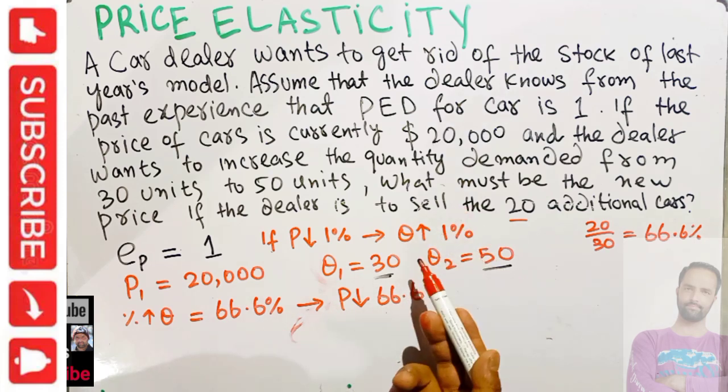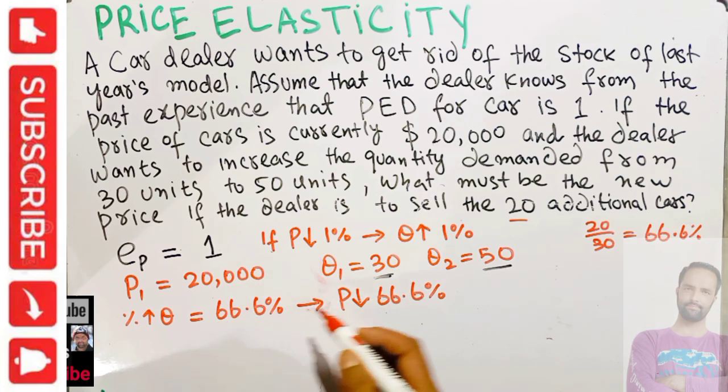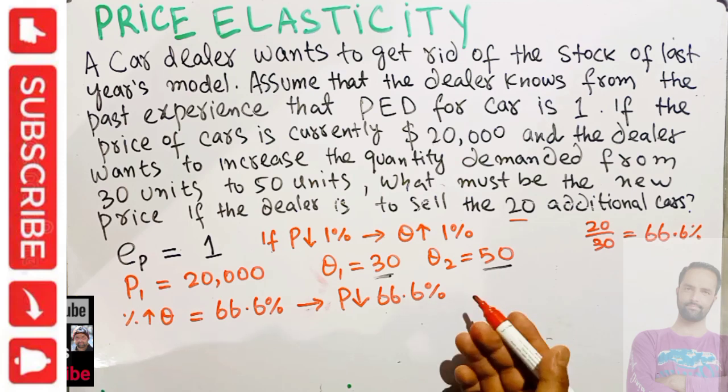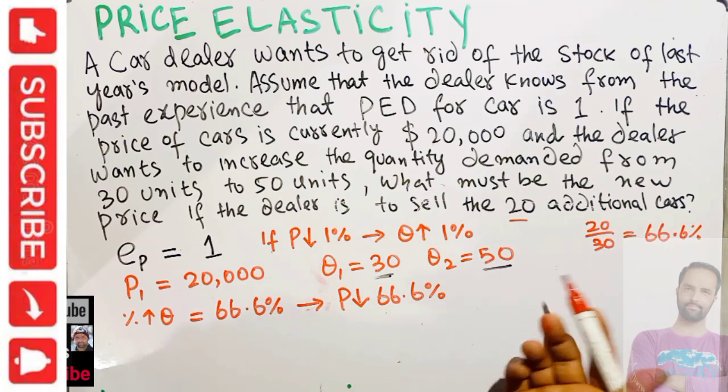So if we want to increase the quantity demanded by 66.6%, then our price should decrease by 66.6%, by the law of demand.